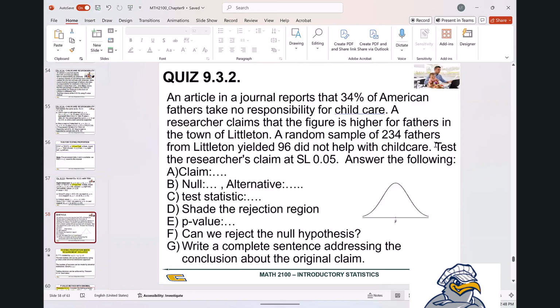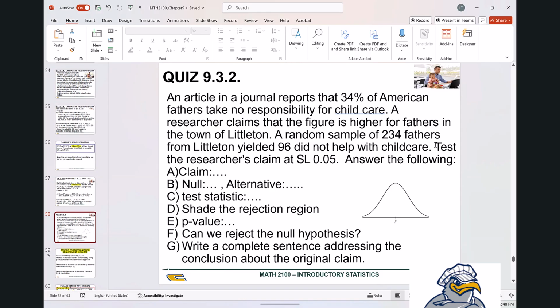So here, basically, just the testing problem, the whole thing we need to work on step by step, right? So an article in a journal reports, okay, so we just keep repeating the Littleton example, right, about child care, okay? But now we look at it in a more comprehensive way, which is the whole procedure, right?